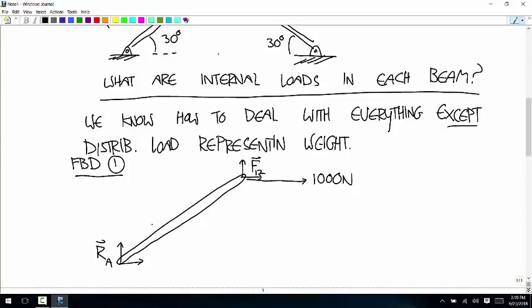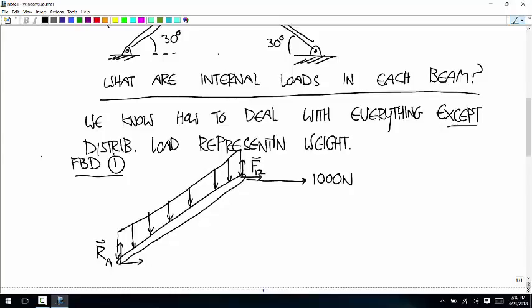The thing that can be a little confusing that we haven't talked about yet is the weight shows up as a distributed load like this, that's equal to the total weight force, which is 50 times 9.81.